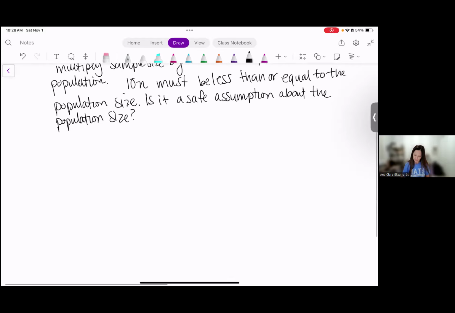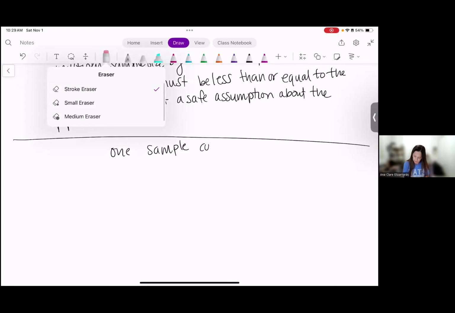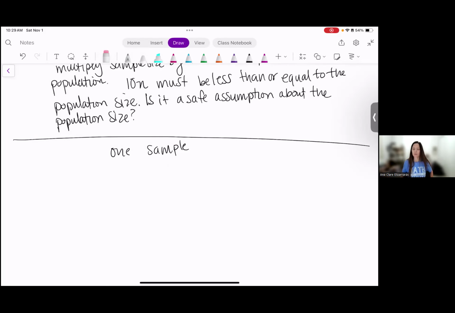Okay. Now, here's where the difference occurs in what we're dealing with as to whether we're talking about proportions or means. So again, remember, we're talking about one sample. There are hypothesis tests for more than one sample, but right now we're focusing on one sample.